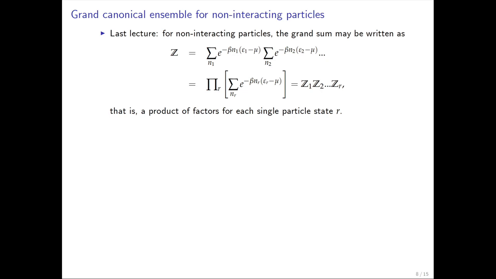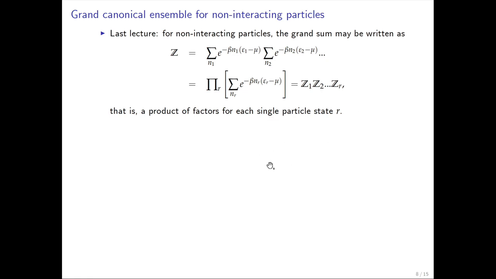If you look back at the last lecture, we already discussed this briefly. We discussed that if we have non-interacting particles, the grand sum is a bit more simple. It can be written as the product of these factors, because non-interacting means the energies are additive, and if we sum over the configurations, we have the sum of all these factors in the exponential, and then we can break that into products.